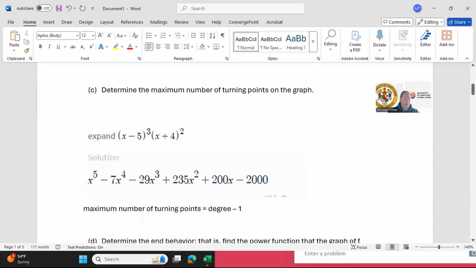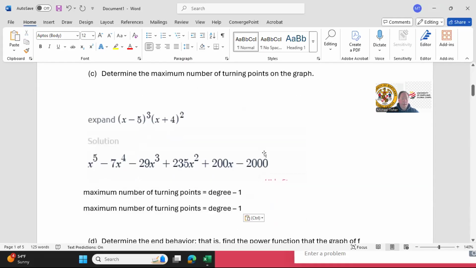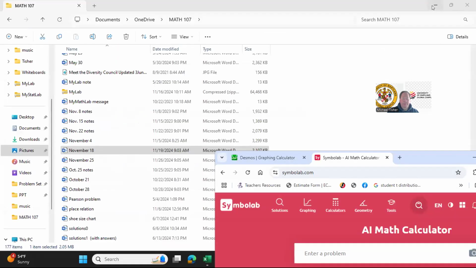So in this case, since the degree is 5, then the maximum number of turning points is equal to 5 minus 1, or 4. All right, so the answer is 4 for this one. So let's look at the graph and see if we can verify that.